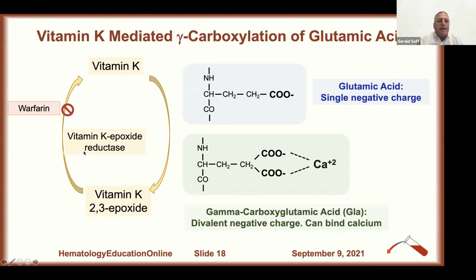In a vitamin K dependent process, a second carboxyl group is added, and now you have a divalent anion in the amino acid in the enzyme, and that allows for calcium binding, a divalent cation. So vitamin K plays an essential role in post-translational modification and allowing these enzymes to bind calcium.